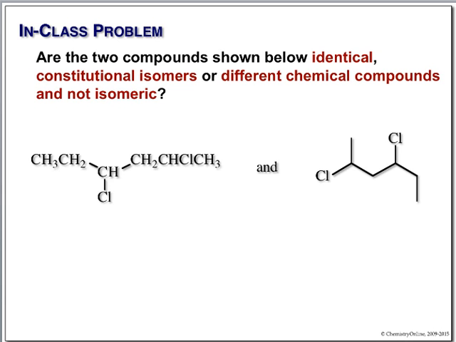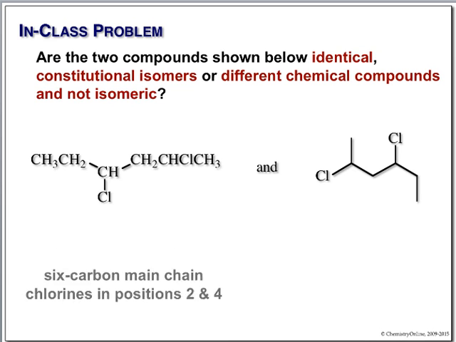Remember, we're going to define our chain this way. We have 1, 2, 3, 4, 5, 6 carbons in our chain. And we have 1, 2 fluorines. The first fluorine is here. If we started at this end, it would be on the second carbon. The next chlorine is on the carbon 1, 2, 3, 4.